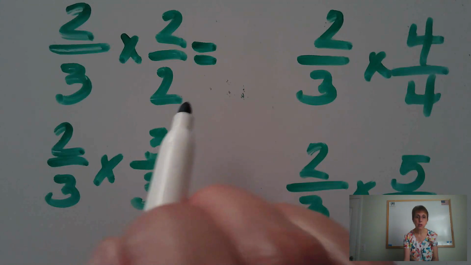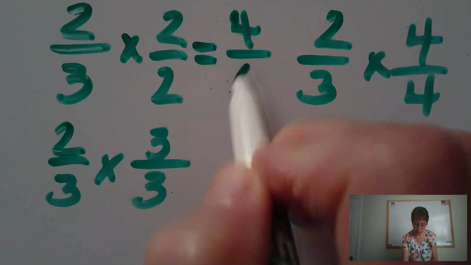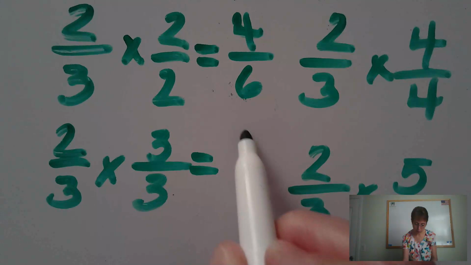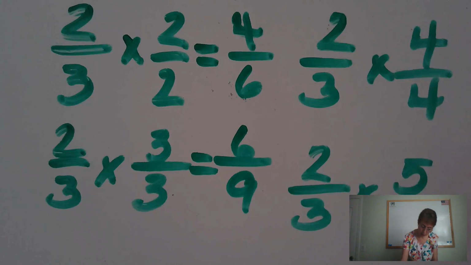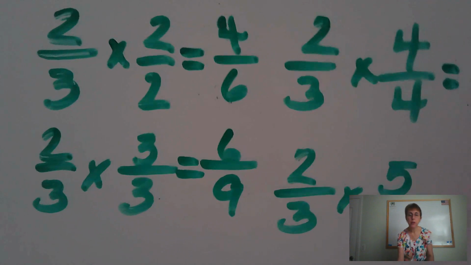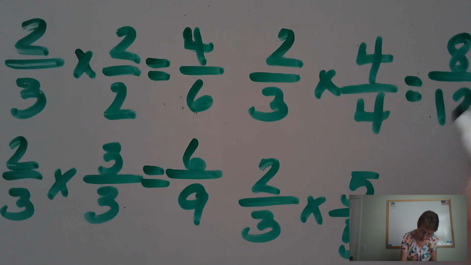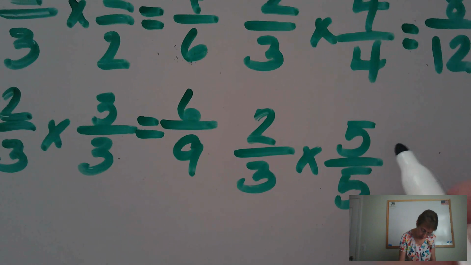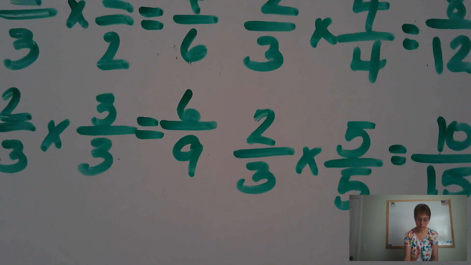So 2/3 times 2/2, 2 times 2 is 4, and 3 times 2 is 6. 2/3 times 3/3, 2 times 3 is 6, 3 times 3 is 9. 2/3 times 4/4, 2 times 4 is 8, and 3 times 4 is 12. And then 2/3 times 5/5, 2 times 5 is 10, and 3 times 5 is 15.